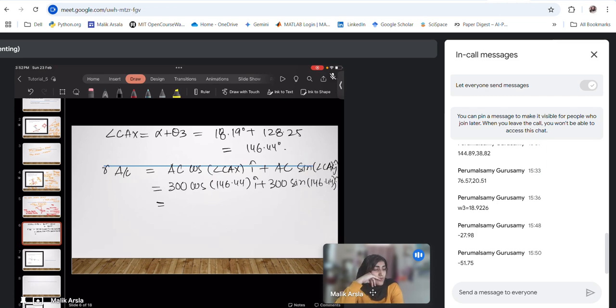What is this coming out to be? So okay, you do it, but it is coming out to be minus 250 I cap plus 165.8 J cap. Okay, so this is our RAC.